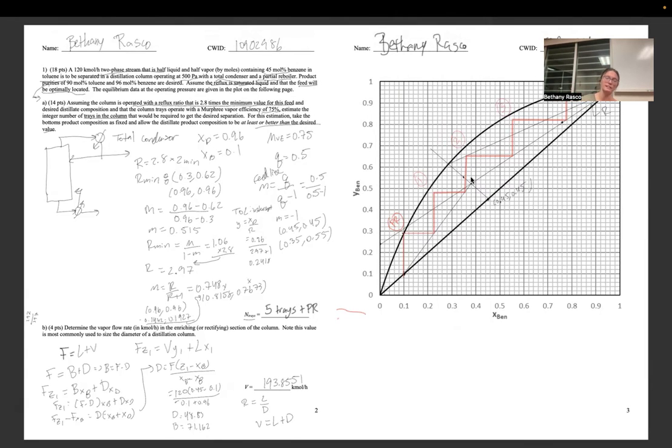And then for the next one, I did a mass balance around the total condenser and the whole thing.